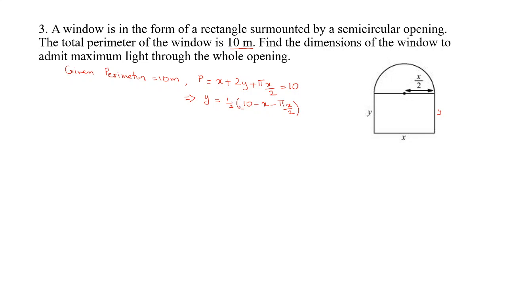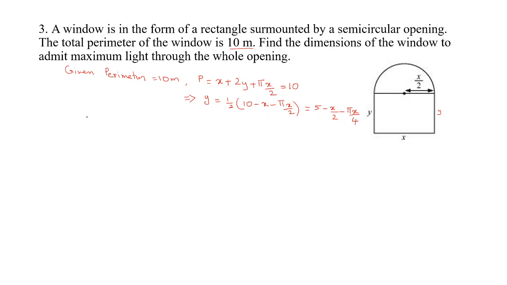So that is half of 10 minus x minus pi x by 2, which is equal to 5 minus x by 2 minus pi x divided by 4. So y equals 5 minus x by 2 minus pi x divided by 4.